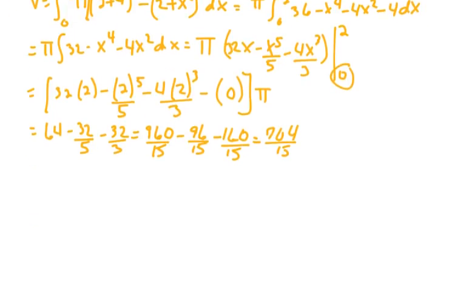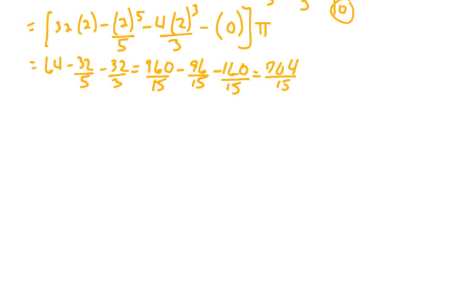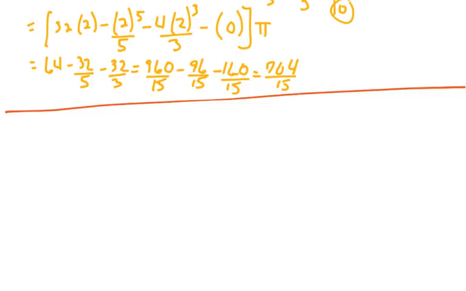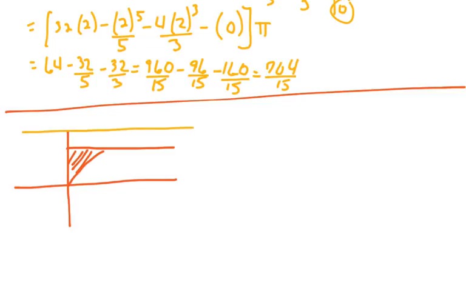Well, just briefly, I want to go through another one. I'm not going to walk all the way through the problem, but what would happen if you had a diagram that looked like this? So here's your area of interest, and perhaps you want to revolve around y equals 2.